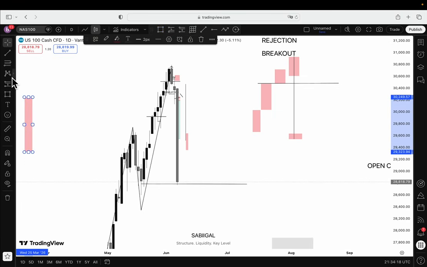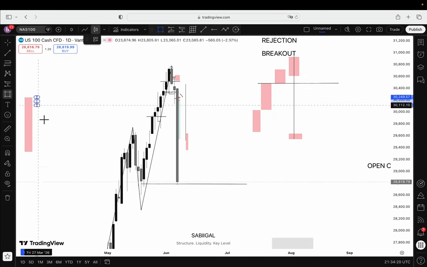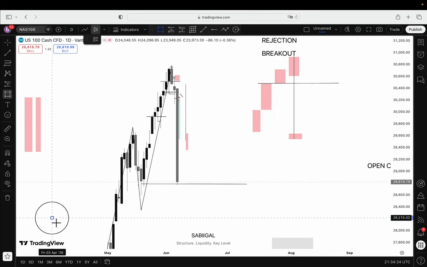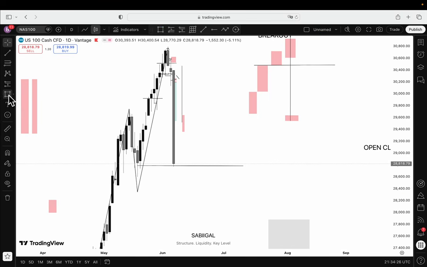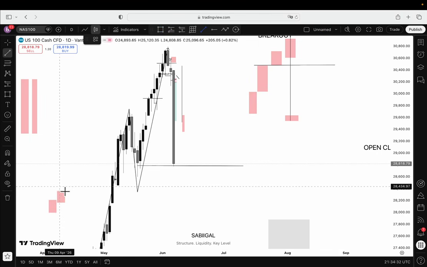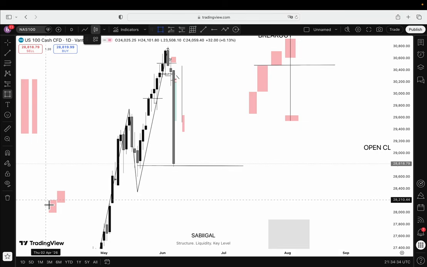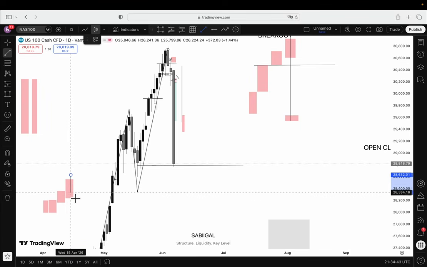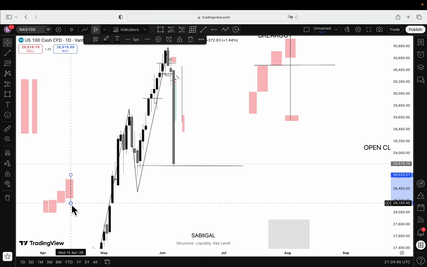You have your rejection, but where the breakout is in that 4 hours is very far, and let's say price is around here, but then after that daily rejection, you now have a 4 hour rejection somewhere here at this resistance that became a support.